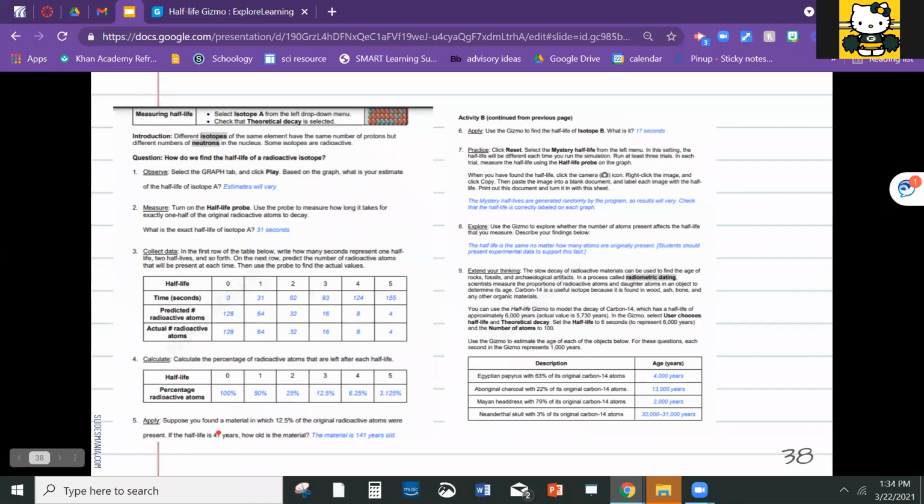So I want to know how old the material is. So I go to 12.5%. I know 3 half-lives have gone by. My half-life is 47. So 47 times 3 will give me my answer for this one, which is 141 years.